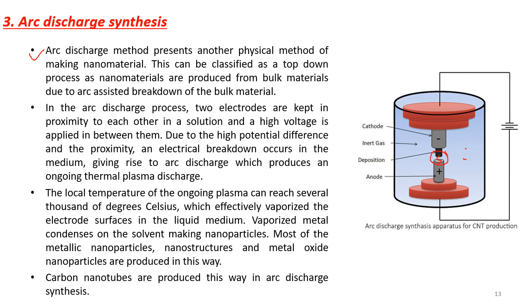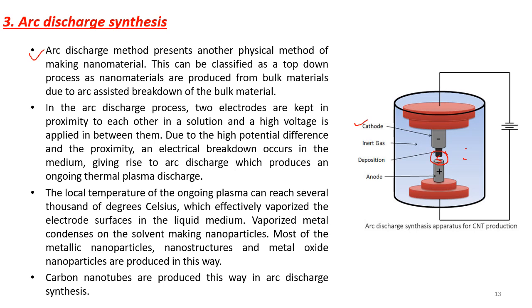So this arc discharge method can be used for production from bulk materials. Bulk materials can be broken down into small nano-level particles. In this particular case, we can see the setup.